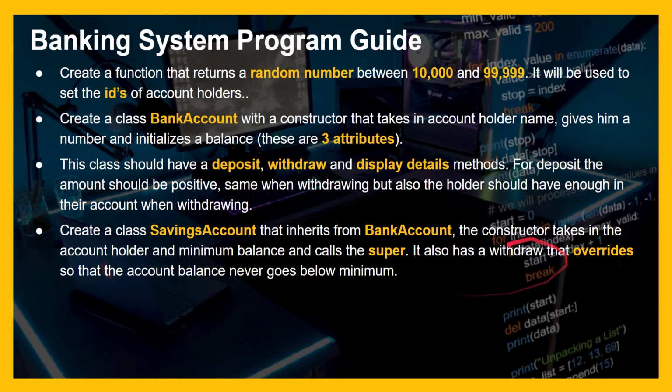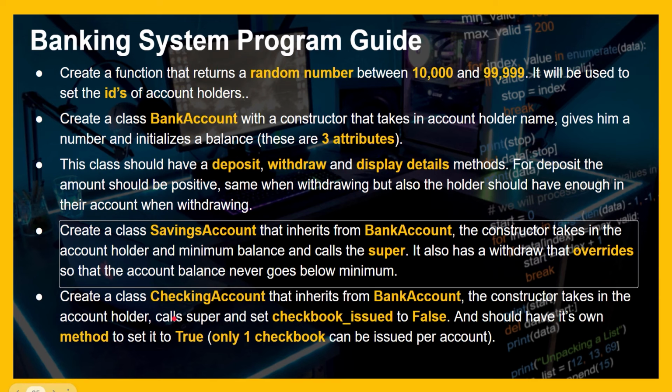Instead of just making sure that you have enough, you need to make sure that you never go below the minimum, because a minimum balance is introduced into the savings account.